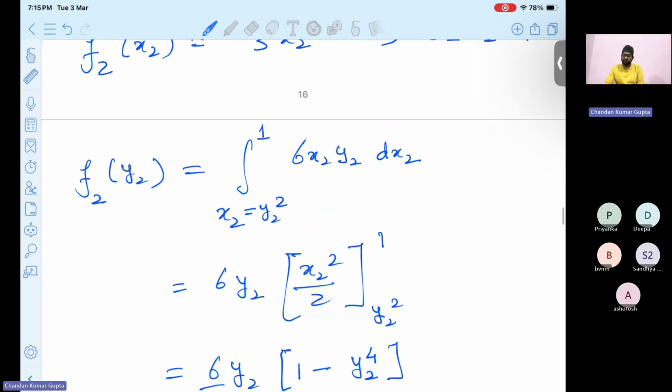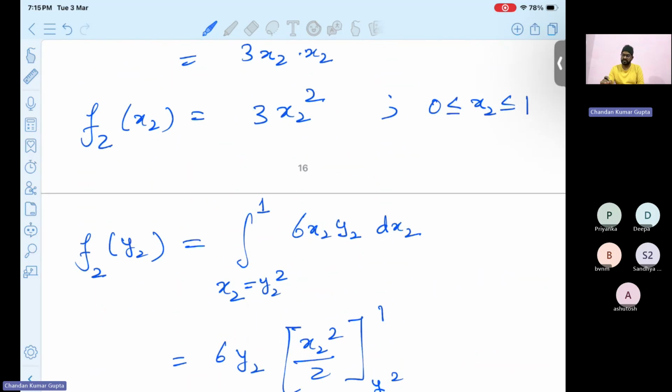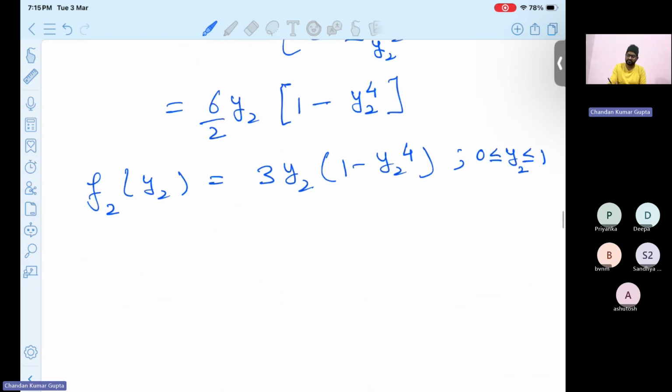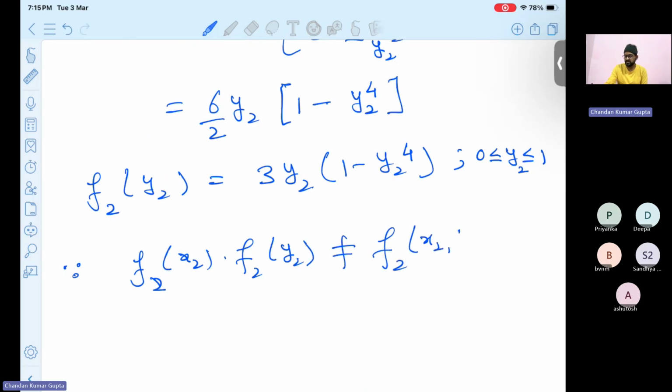Now we have the marginal of x² and the marginal of y². You can see directly that f(x²) times f(y²) is not equal to f(x², y²). So this implies what?